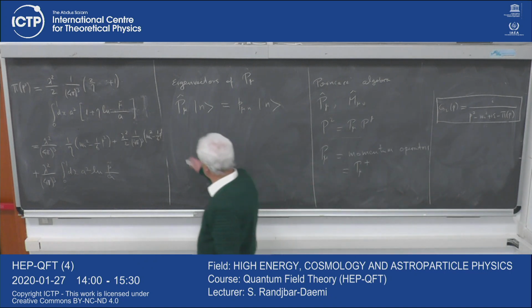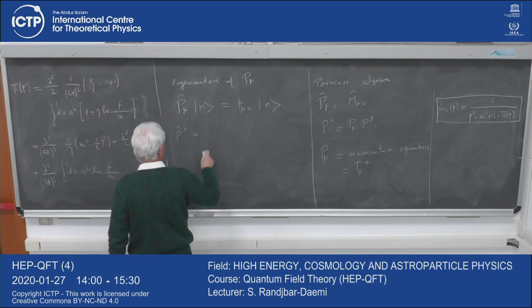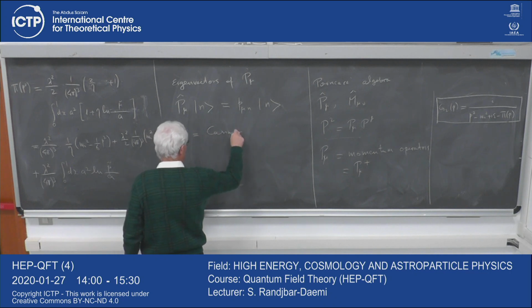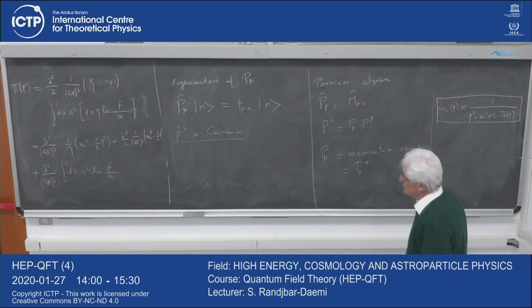And since p squared is proportional to the identity operator, let me call it m squared times... how should I write it? Right, this is a Casimir. I will very quickly run out of symbols if I use m, and I use m for everything practically.